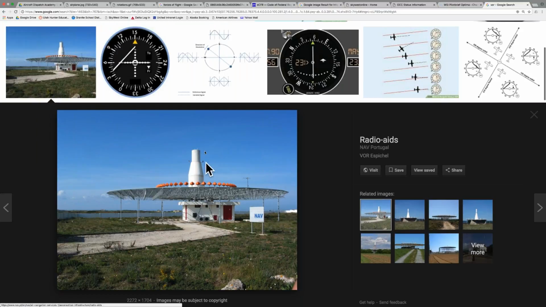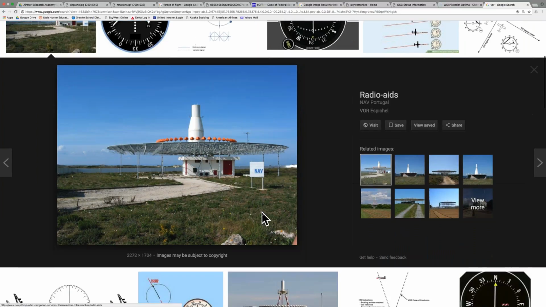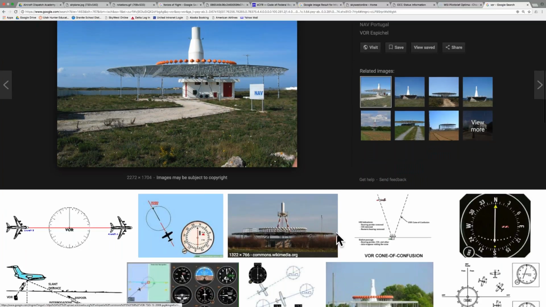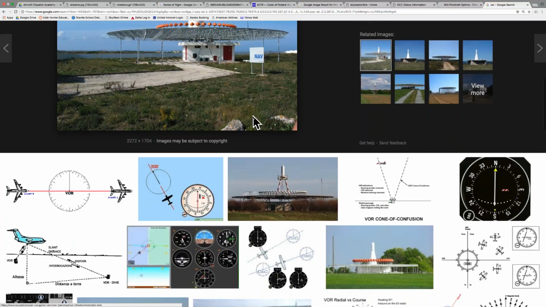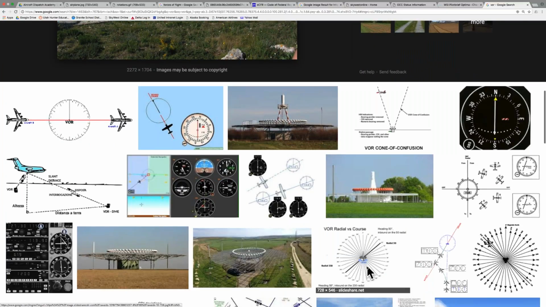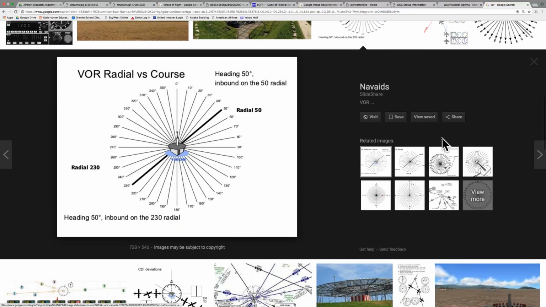But basically, it's an antenna that sends out a 360-degree signal and gives what we call a radial off of this to tell the pilots where they are in reference to that point on the ground. You can see here, this is a VOR radial in course. So the station there sends out this 360-degree radial, as we were saying before.